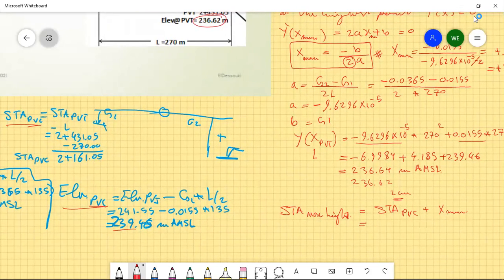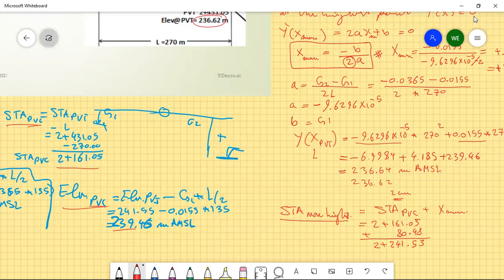It's here. So this is 2 plus 161.05 plus 80.48. So this is going to be 2 plus 35.142. This is the station for the maximum height. That was the first requirement.